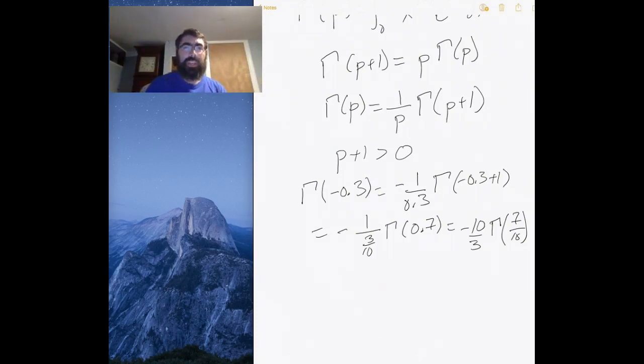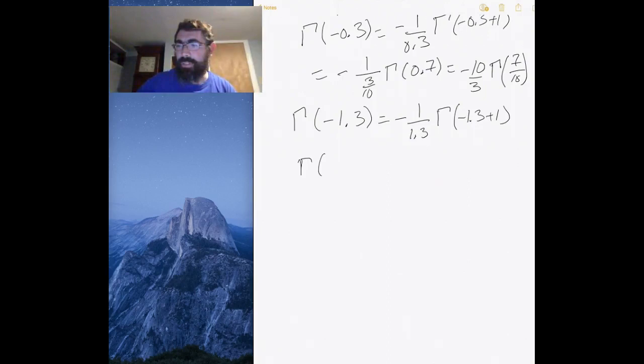Once we've done that, we could look at an even smaller negative number. So gamma of negative 1.3 would be negative 1 over 1.3 times gamma of negative 1.3 plus 1.